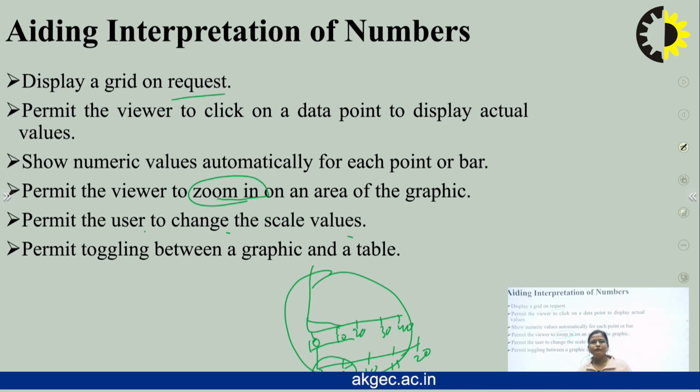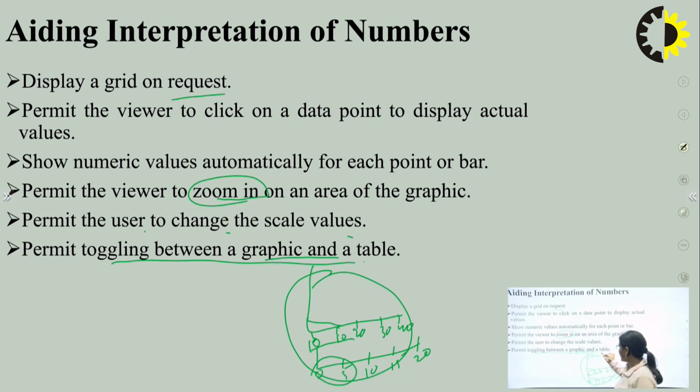That means if we want to switch from a graph to a table, or from a table to a graph, it must be permitted, because in some situations we are comfortable with a graph and in others we are comfortable with a table. So toggling between a graph and a table is also an important point to consider while creating the graph.